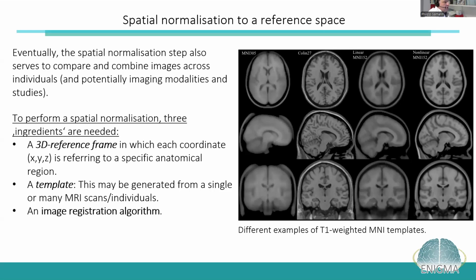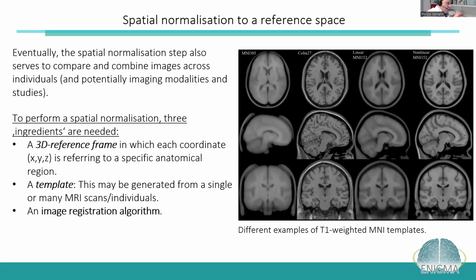To perform such a spatial normalization, you basically need three ingredients. So first, you have to make a definition of a 3D reference frame in which each coordinate is referring to a specific anatomical region. It's a kind of artificial brain that doesn't exist in an individual, but that is a kind of projection space.